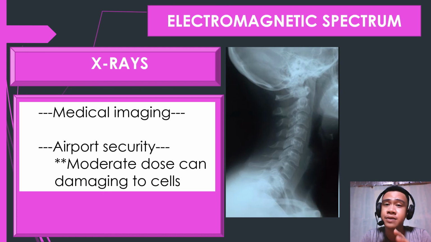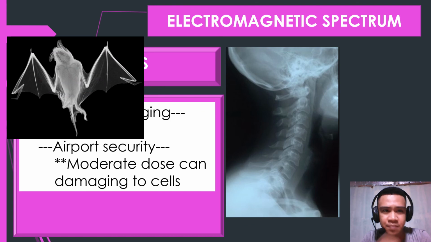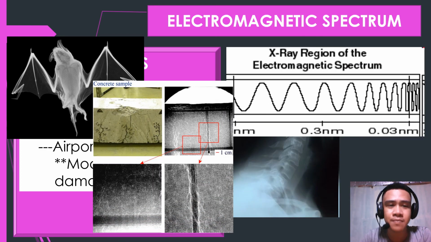The light part of an X-ray image indicates a place where the X-ray was absorbed. X-rays are used by engineers to check for tiny cracks in structures. So we have here an example, the bone. This is the image of a bat through an X-ray. We also have a concrete sample.